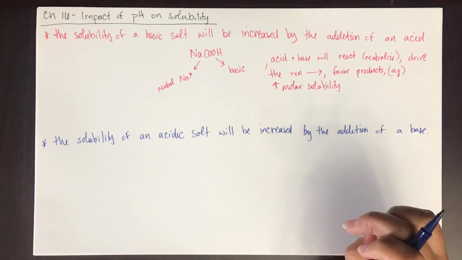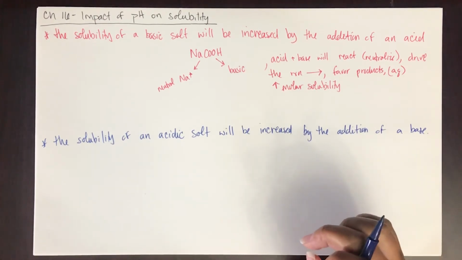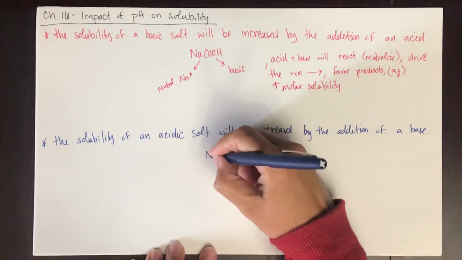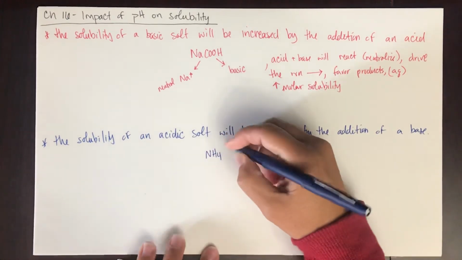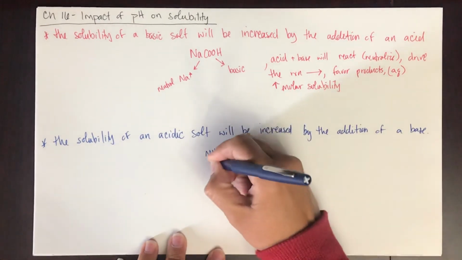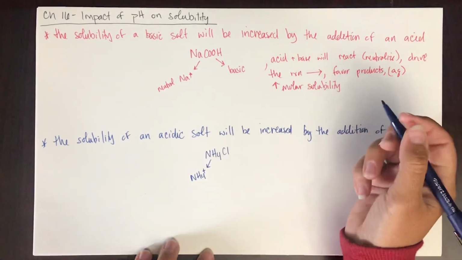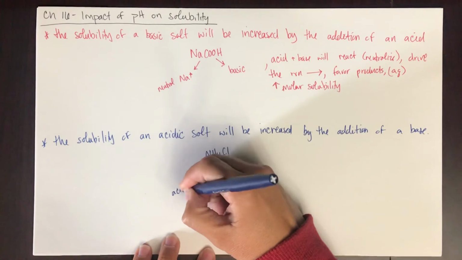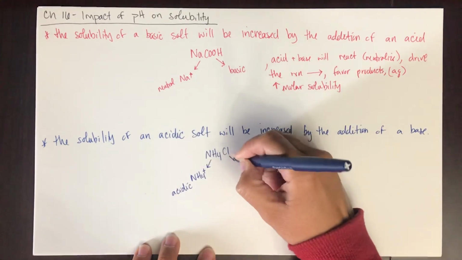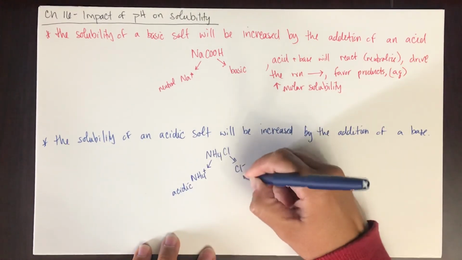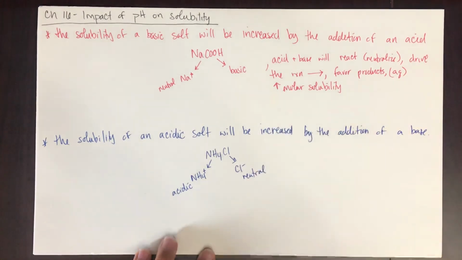So if we have an acidic salt, let's say like ammonium chloride, this NH4 is acidic because it's the conjugate acid of a weak base, ammonia. This chloride is neutral because it is the conjugate base of a strong acid. So this is an acidic salt.